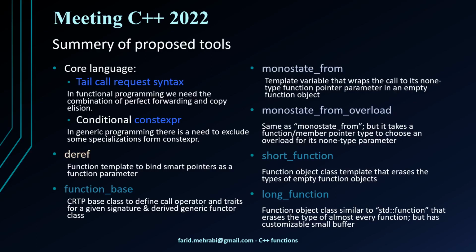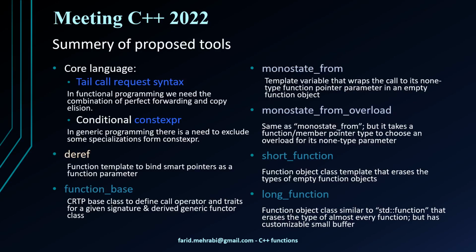We can have a monostate from template variable that converts its only non-type parameter, which is a function pointer or a member pointer, to a monostate empty trivial function object that can be used to optimize memory usage of functional libraries.